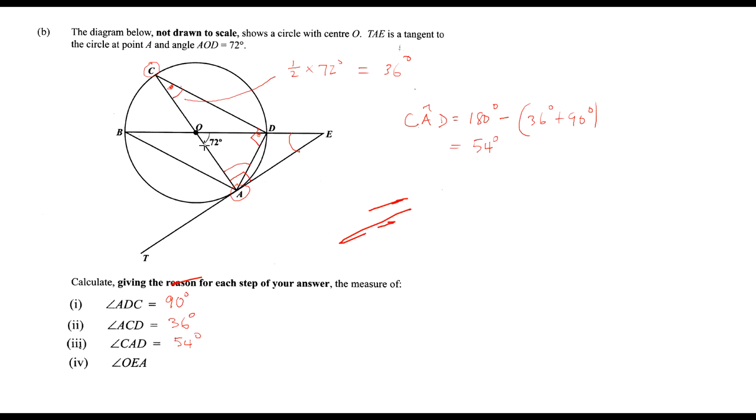So we have 90 degrees and 72 degrees, and we want to find OEA.